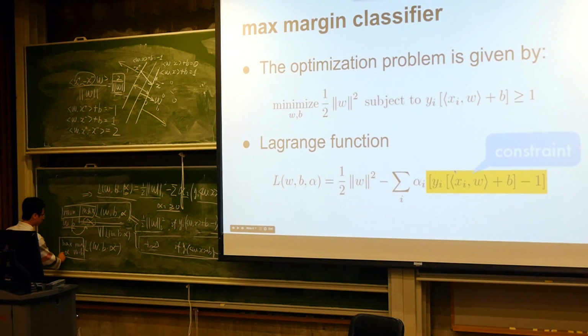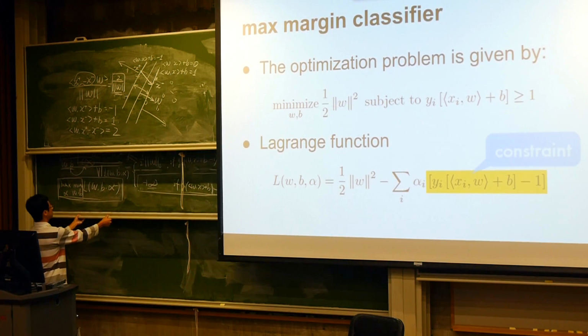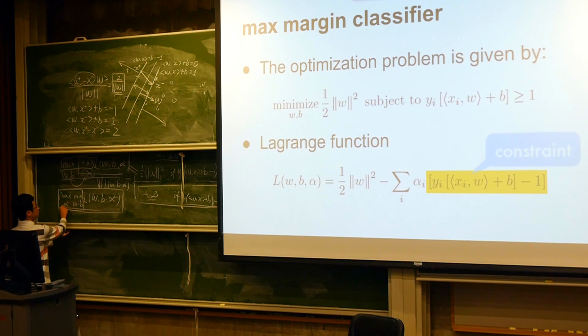Okay, then how do we get solution of this optimization problem? The optimization problem which we switch the order. We first minimize over W and B, then we maximize over alpha. We want to get a solution of this.